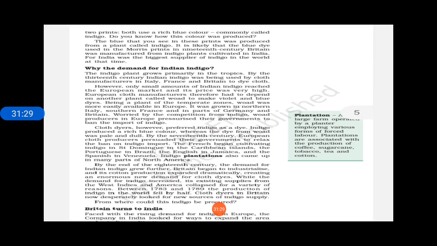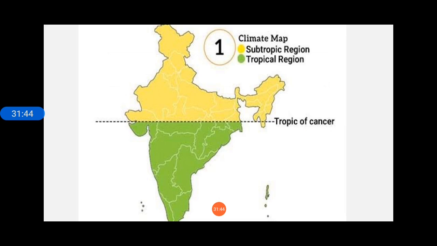Now we will see once again, students, why there was a great demand for indigo, and why India was a suitable place for the growth of indigo. The indigo crop is a very unique crop, students, and it can be grown only in tropical countries, and our India is a tropical country. As you can see, the Tropic of Cancer passes through India.